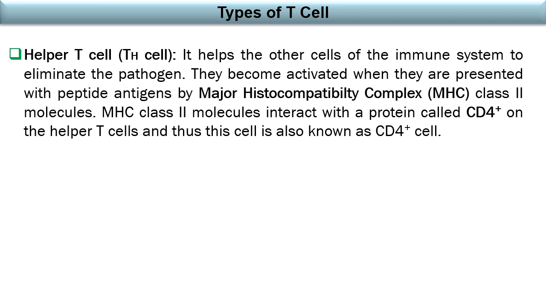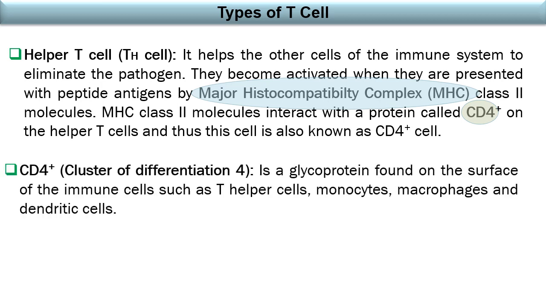These major histocompatibility class 2 molecules interact with a protein called CD4+, which is present on the surface of the helper T cells, and due to this, helper T cell is also known as CD4+ cells. Now, what is major histocompatibility complex and CD4+?